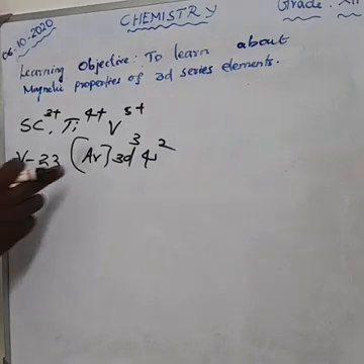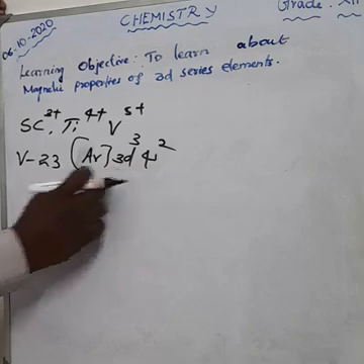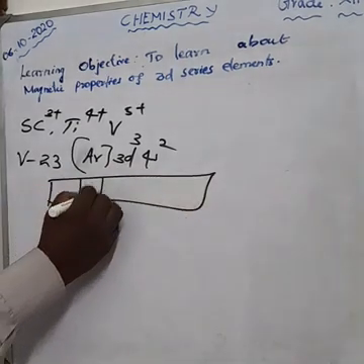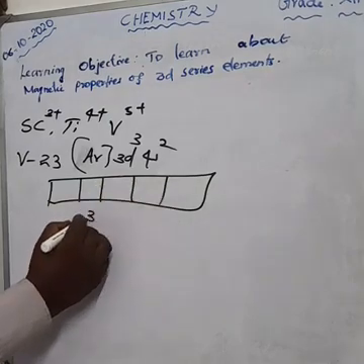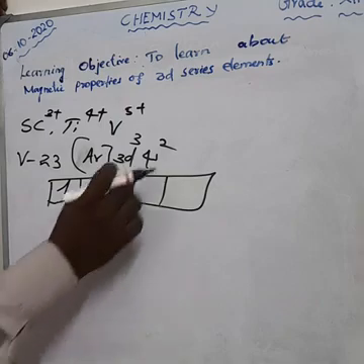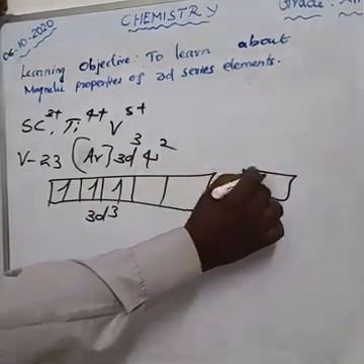That means the 3d subshell has 3 electrons, 1, 2, 3, and the 4s subshell has 2 electrons.